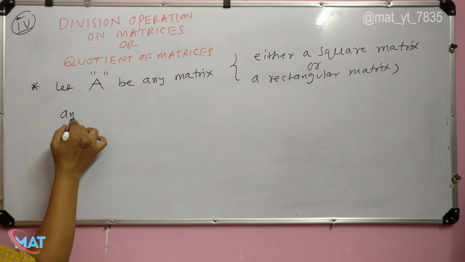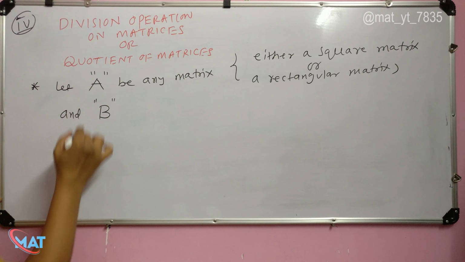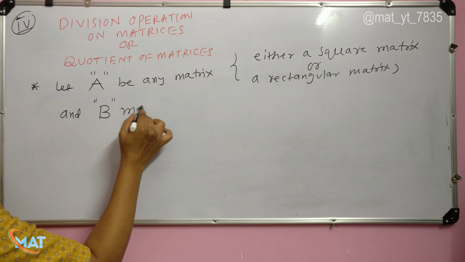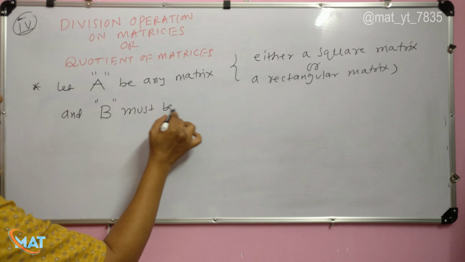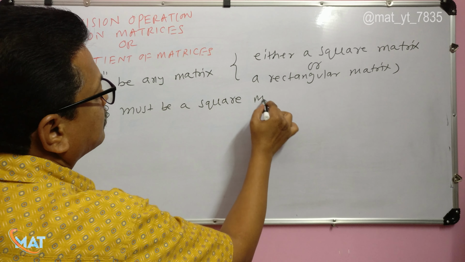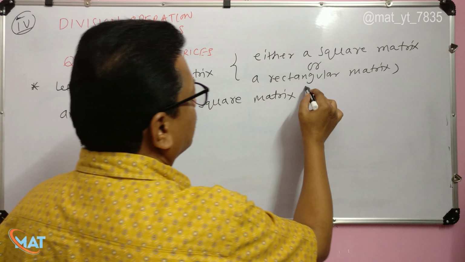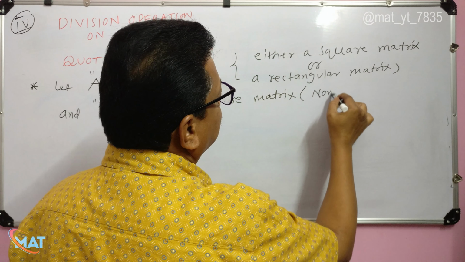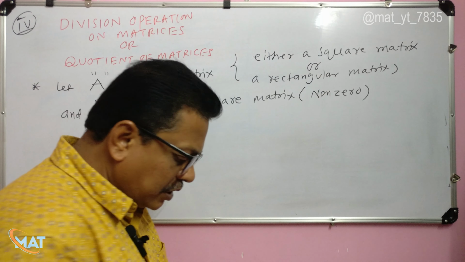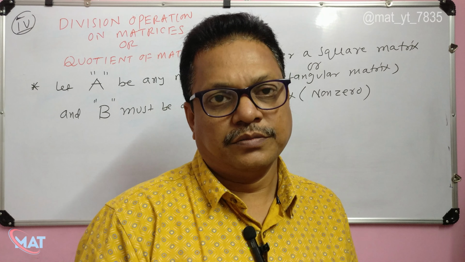And the second one, matrix B, must be square. Be careful, it must be a square matrix. I write here non-zero, which means null matrices are not to be considered.